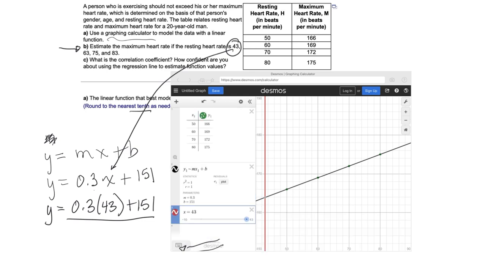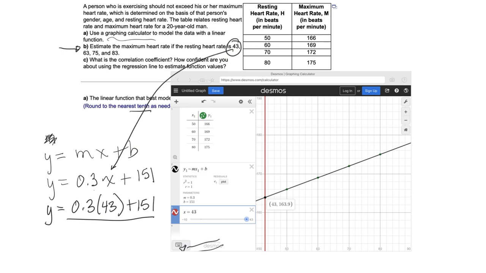If I tap where they intersect, that tells me what the maximum heart rate will be for a person that has 43 as their resting heart rate. I wonder if that's the same. Oh, no, it'll be right, because it'll be a little bit less than 166. Yeah, so 163.9, that's about right.